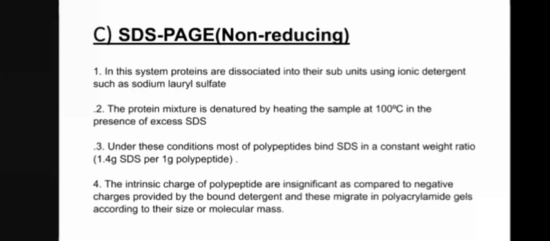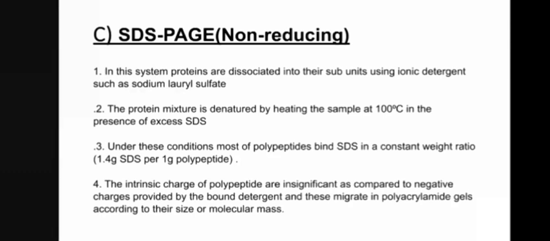In this system, proteins are dissociated into their subunits using an ionic detergent such as sodium lauryl sulfate. The protein mixture is denatured by heating the sample at 100 degrees Celsius in the presence of excess SDS.